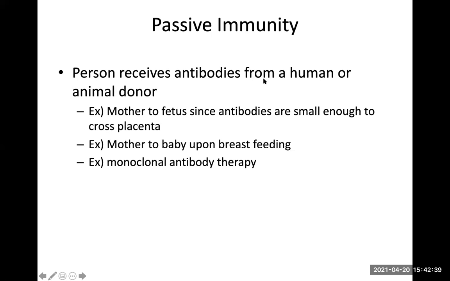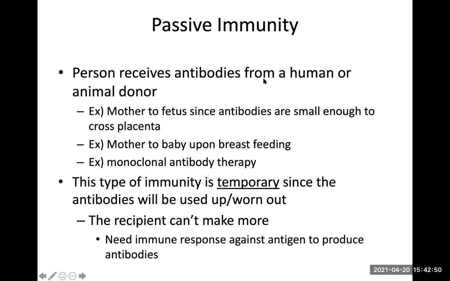Whereas a mother passing antibodies to her baby is natural, but it is still passive. Once they're used up, they're gone. So this type of immunity is temporary. Since the antibodies will be used up or worn out, they will disappear, right? And then the recipient will not have protection anymore.